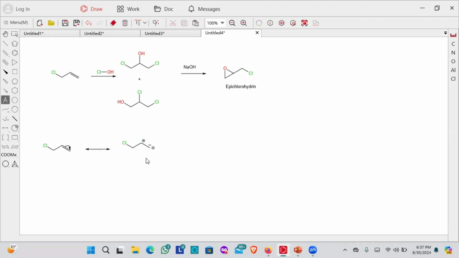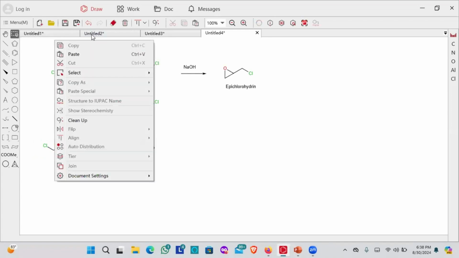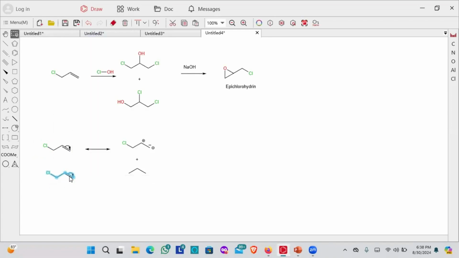And we'll also get an alternative here where we'll get a primary carbocation. So let me show you what I mean by that. Paste. So basically doing this, having the positive charge on the primary carbon and the negative charge on the secondary carbon.